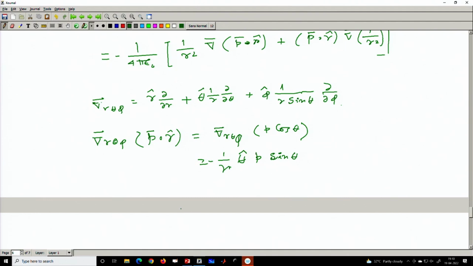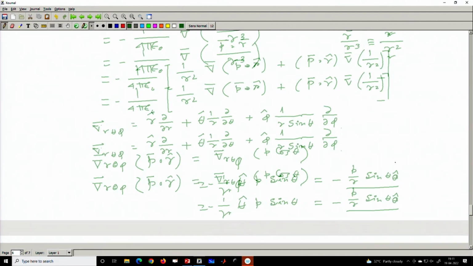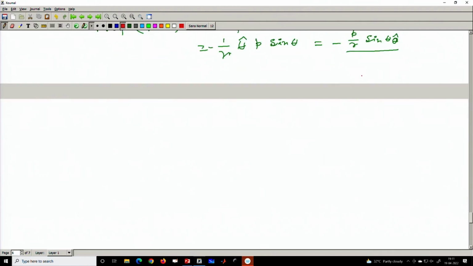So, eventually we have minus of P by R and then sin theta and then theta unit vector. So, this is one component. Another component is still there. So, I figure out this component, and another component is still there, and that again we can execute.